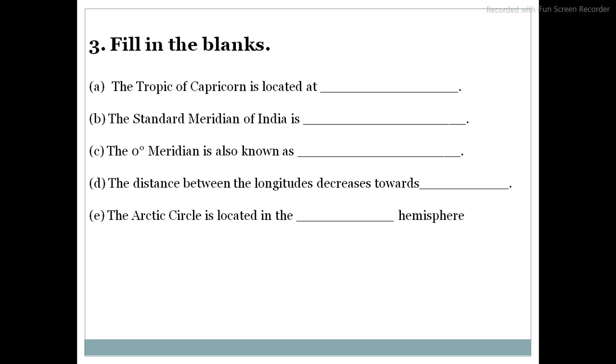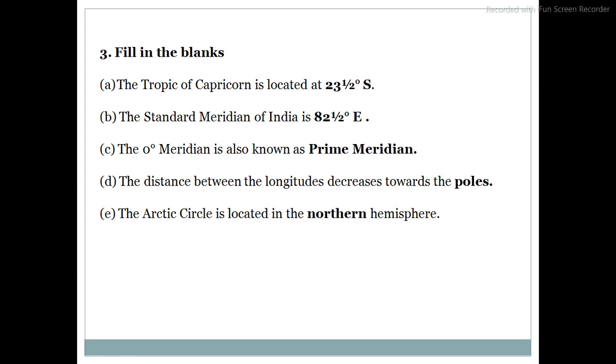So all the cadets, while writing the fill in the blanks, you have to write the whole sentence and make the blank, then write the answer there. Okay? Now please quickly check the answers.